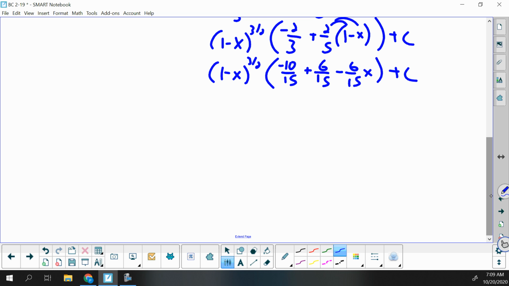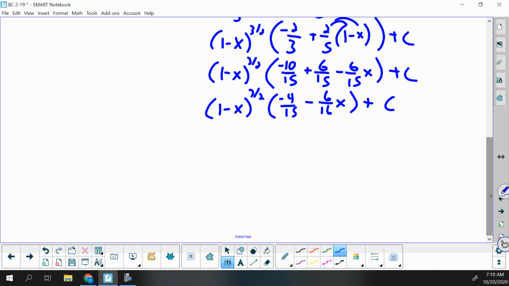And we didn't necessarily need the minus 6/15 x because that's not going to combine. So this is going to be minus 4/15 minus 6/15 x plus c.